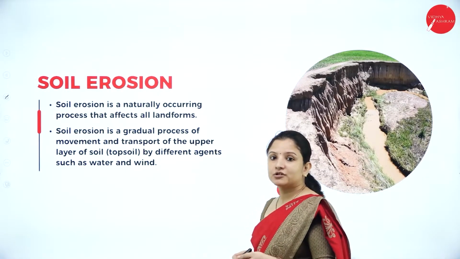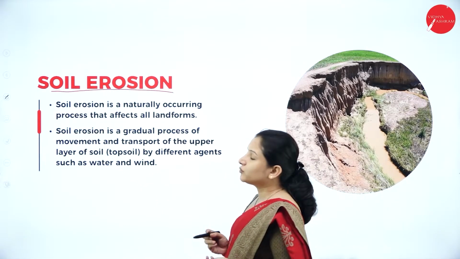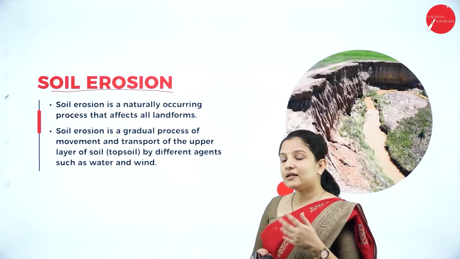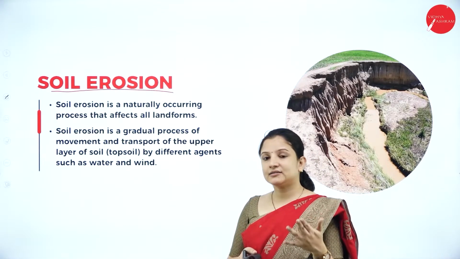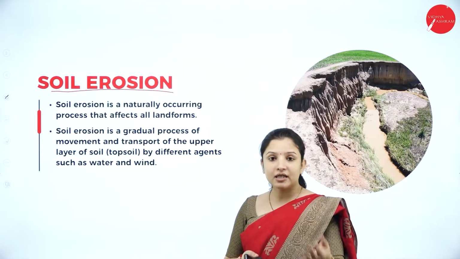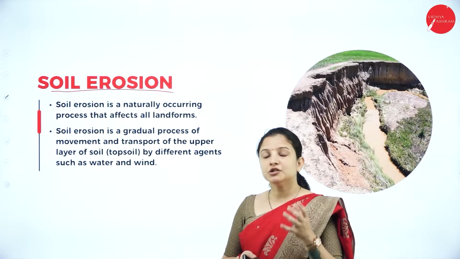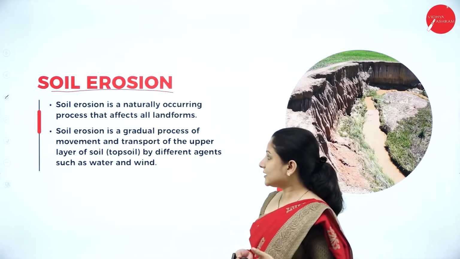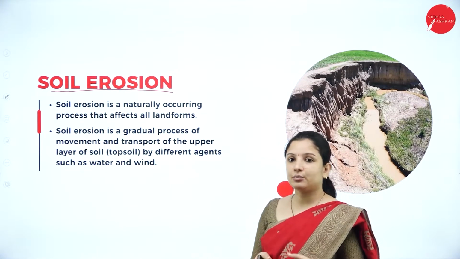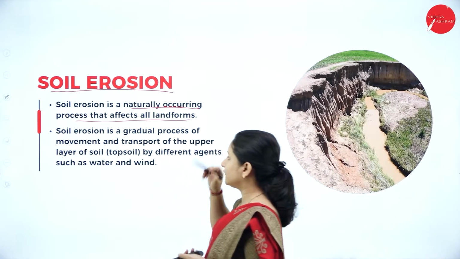Next, talking about soil erosion. Many times we have heard the word soil erosion, because at the end of the day, the development of industries, improper agricultural practices, and deforestation all lead to soil erosion. So what is soil erosion exactly? Soil erosion is a naturally occurring process that affects all landforms.